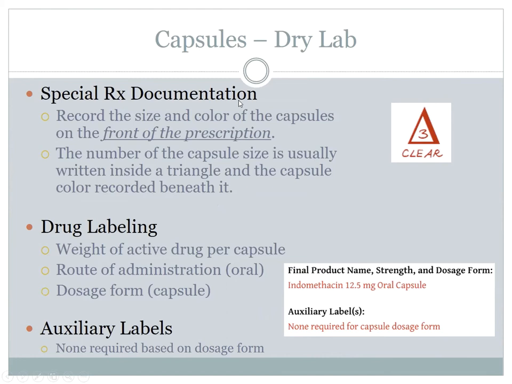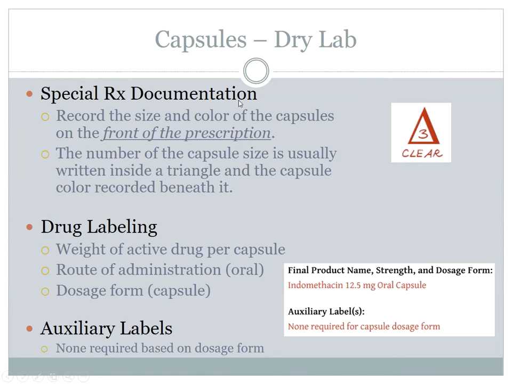And since the doctor didn't actually indicate that and normally never indicates the size to use, we need to, for capsules, clearly indicate, this is important, on the face of the prescription, the size and type of capsule we use by drawing a triangle, putting the number representing this capsule size in the middle, and writing below that the color of the capsule.